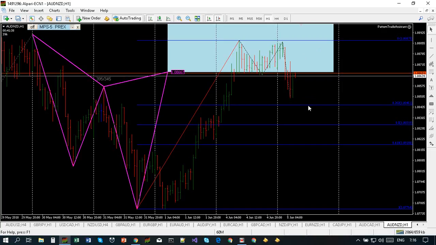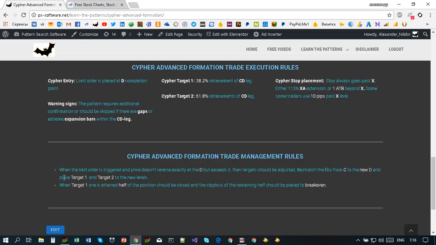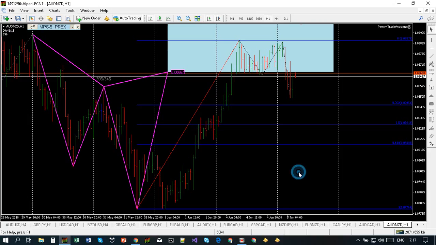Yes, and at this point of 382, close half of your position, exactly as it is written in the conservative rules. Target 1, target 2, new levels. Once target 1 is attained, half of the position should be closed, and the stop loss of the remaining half should be placed at break even, at entry.